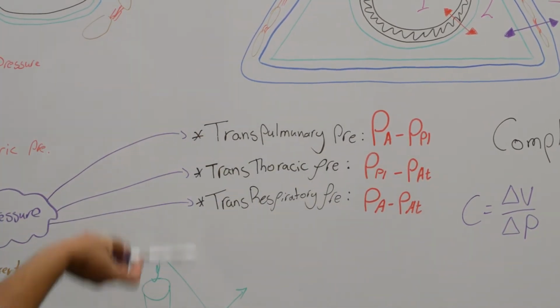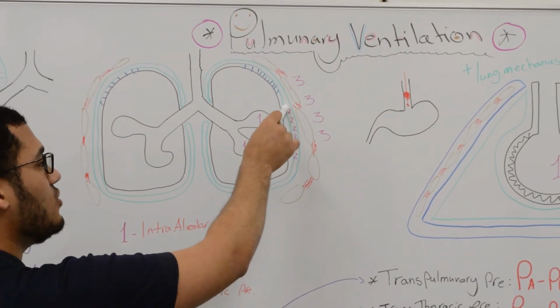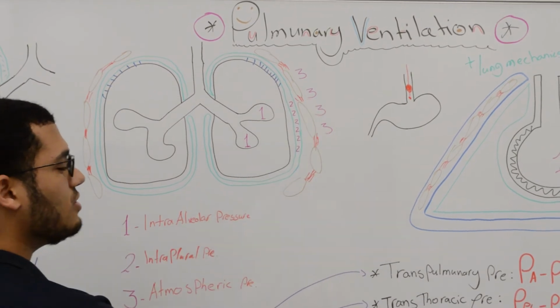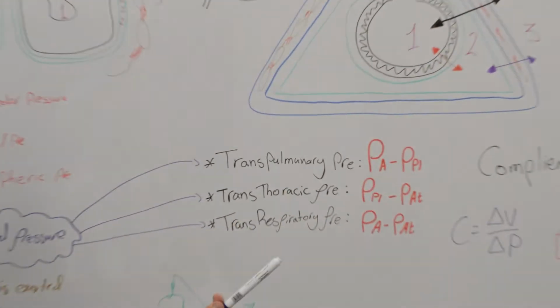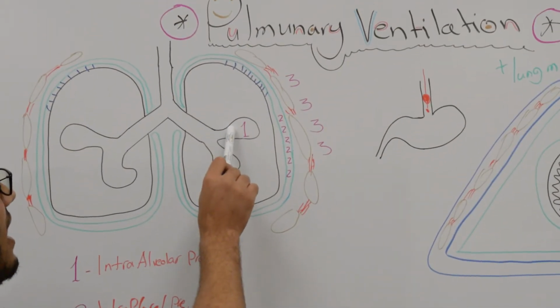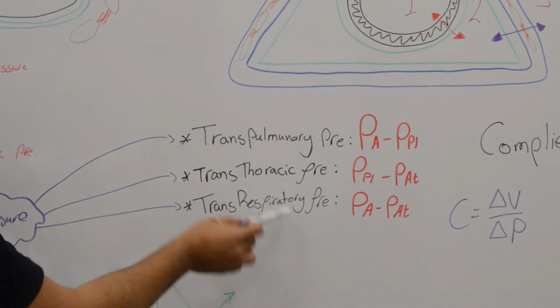The second pressure is atmospheric pressure. There can also be a pressure gradient between 2 and 3, the intrapleural pressure and the atmospheric pressure. This is called transthoracic pressure. We also have another one, the pressure between the alveoli and the atmospheric pressure. This is called transrespiratory pressure.